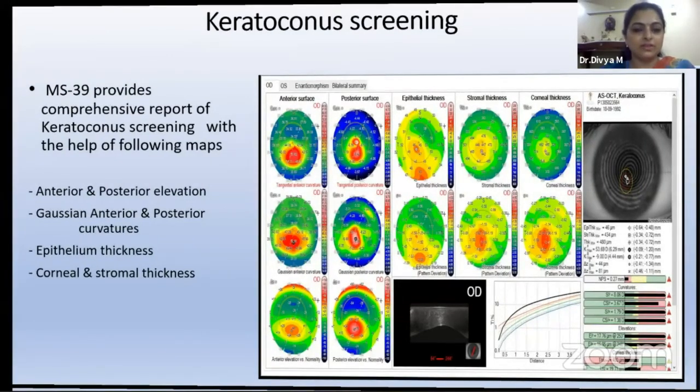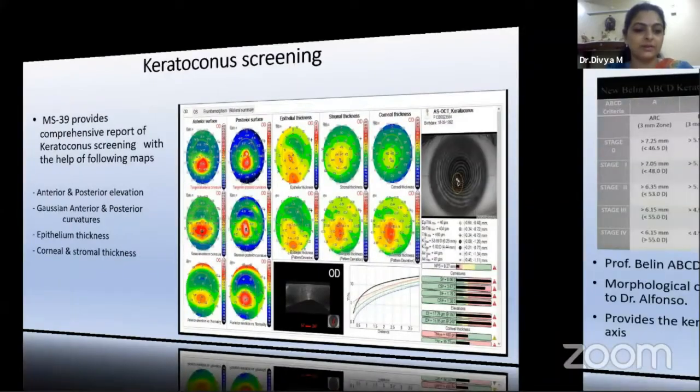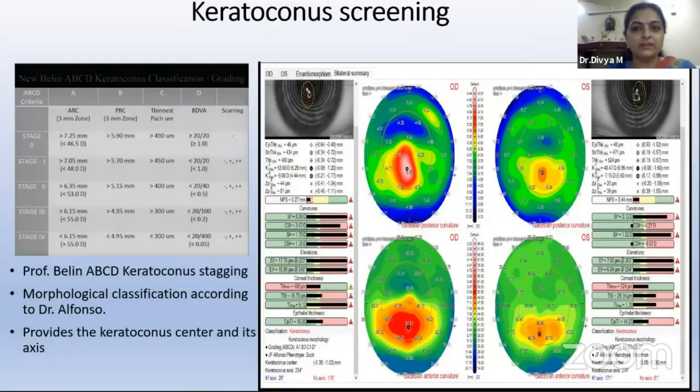Again, it also gives us an idea about the ABCD classification, that is keratoconus staging. The advantage of the Belin ABCD staging is that it's centered on the thinnest point of the cornea rather than the apex of the cone, and it looks at both the anterior and posterior surfaces of the cornea.